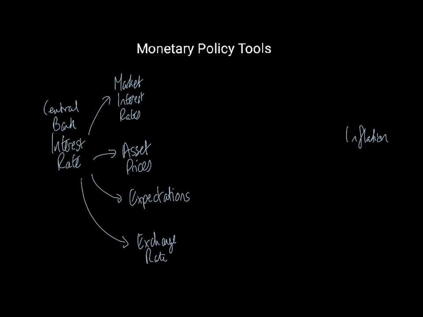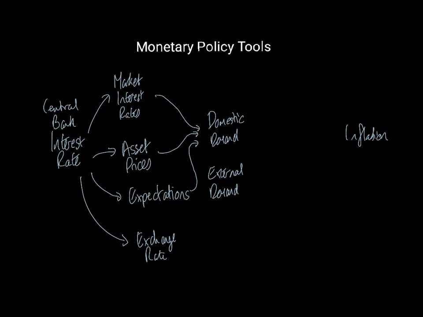So those are the relatively direct impacts of the interest rate. What these have then is an impact on domestic and external demand. So this is a demand side policy, and therefore the market interest rates, the asset prices and the expectations and so on will feed into domestic demand and also into external demand as well.